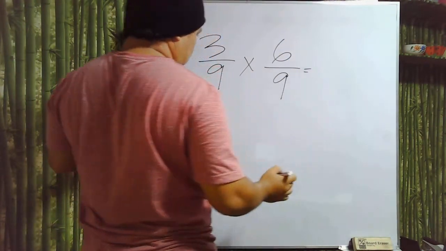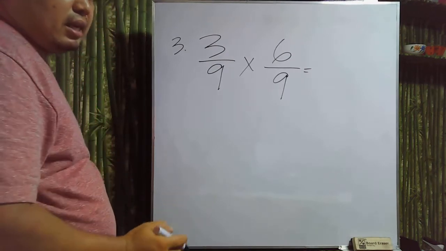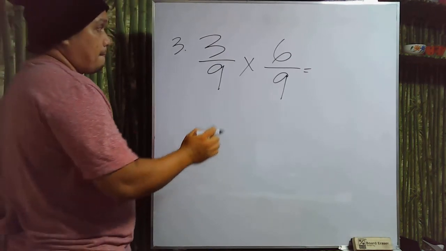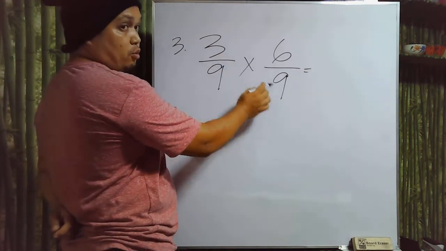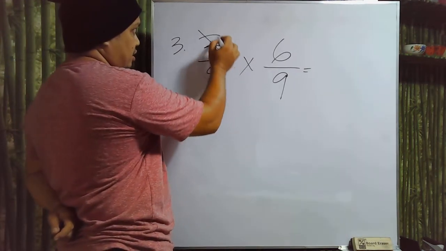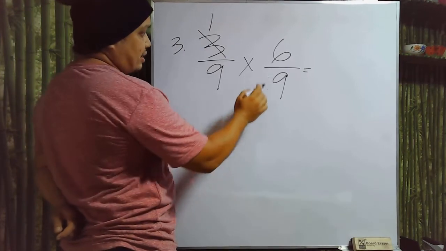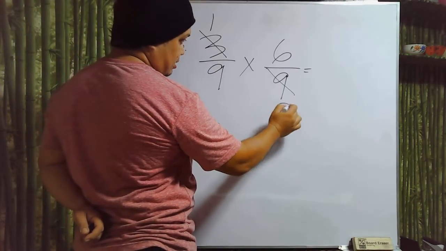Okay, so again, using cancellation method, let's divide them by their common divisor. We can divide them both by 3. So 3 here divided by 3 is 1. Now 9 here divided by 3 is 3.